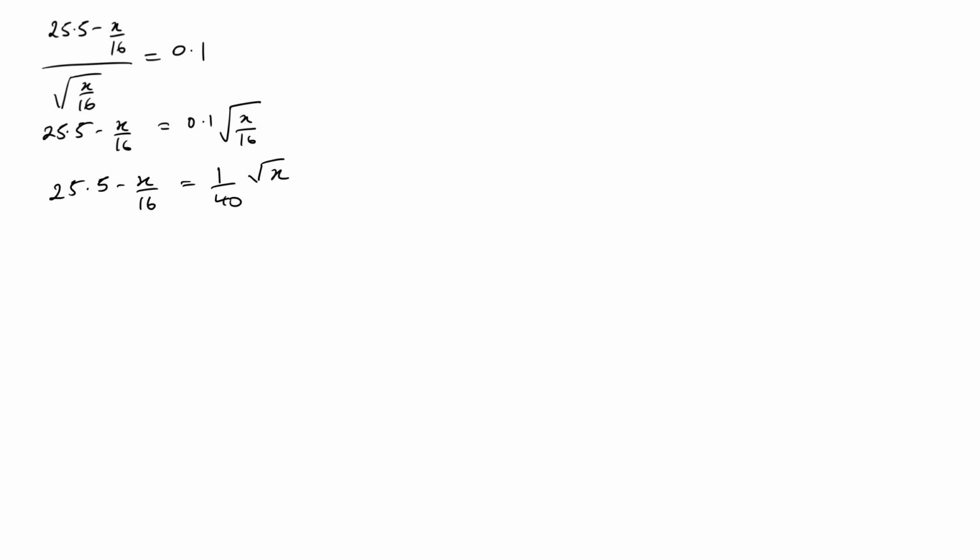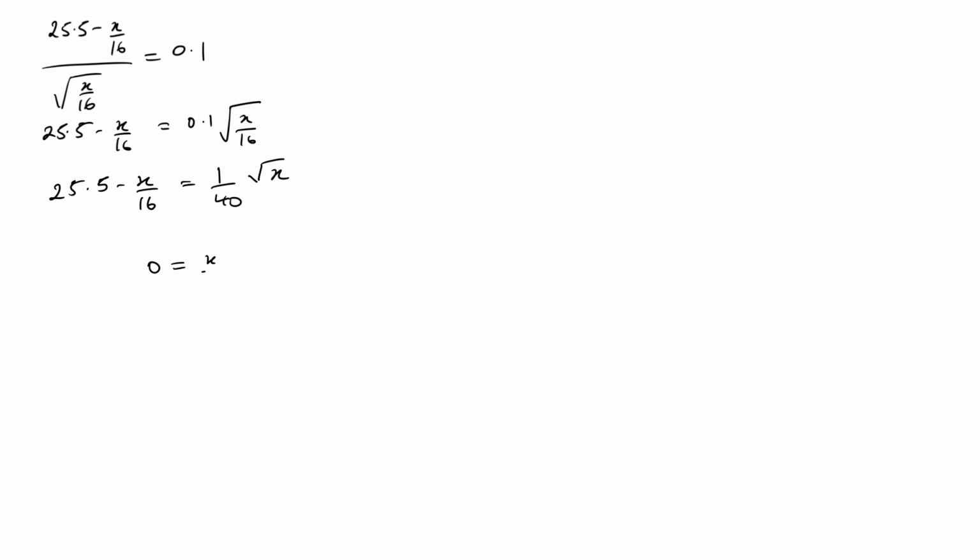Okay, and so obviously I want to get rid of these fractions. Can't multiply by 40 because 16 doesn't go into that, but it does go into 80. So I'm going to multiply through by 80. You don't have to do this. It is just what I prefer. In fact, let me rearrange this first.